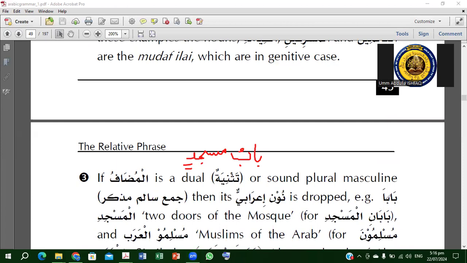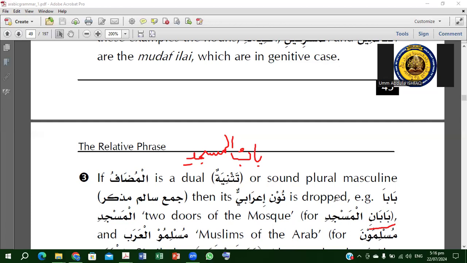But if we want to make it a proper noun, we can say al masjid. Now it is a proper noun. Babul masjidi, the door of the masjid. Now it is the masjid with alif lam. So Babul Masjidi, the door of the masjid.